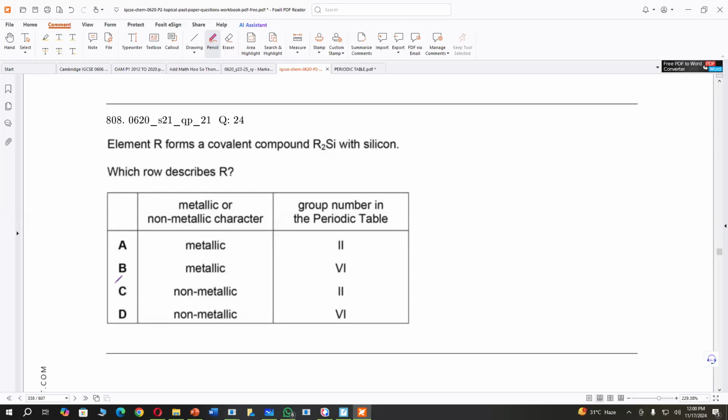I think the answer is D. Acha, covalent is non-metal with non-metal. So R is in R2Si, a covalent compound with silicon. Which diagram describes R? It's a covalent structure, so most closely it should be a non-metal.